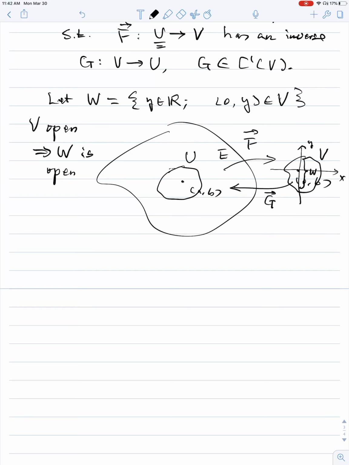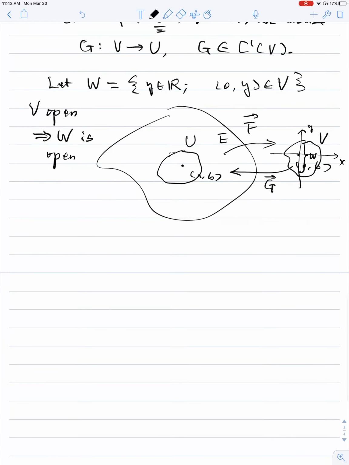Now we know that for any y in W, because this is (0, y), that means that (0, y) is in V. So we have a unique point.